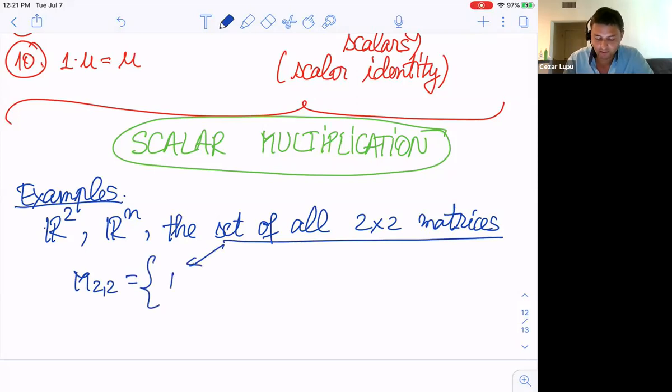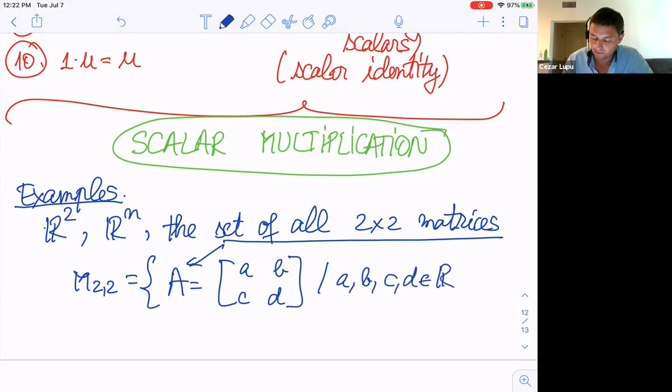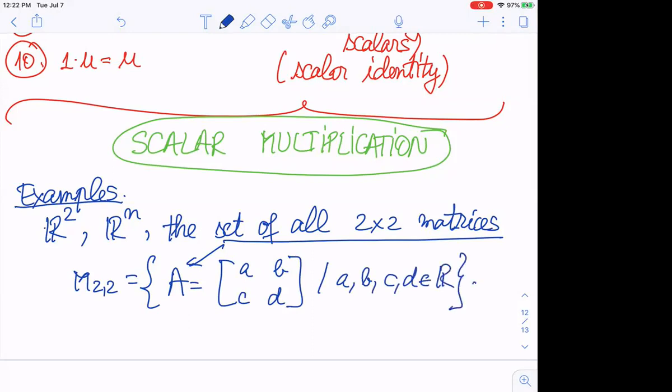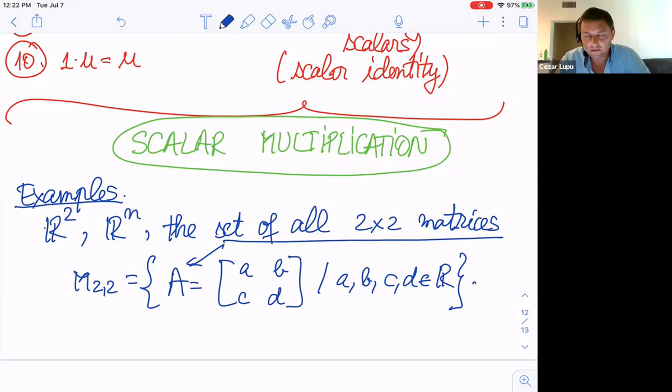So it's the set of all matrices A, B, C, D, where A, B, C, D are real entries. This is just an example of square matrices, but I can also consider the set of 2 by 3 matrices, and this is again a vector space.